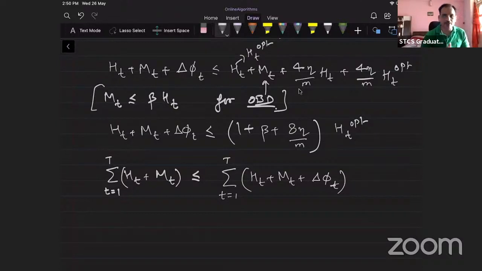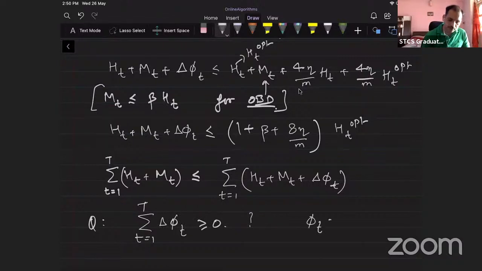Phi t is greater than or equal to 0, but is it that del phi of t is greater than 0? Question is, is summation t going from 1 to capital T del phi t greater than or equal to 0? What do we know? That phi of t is greater than 0 for all t. That's all we know.